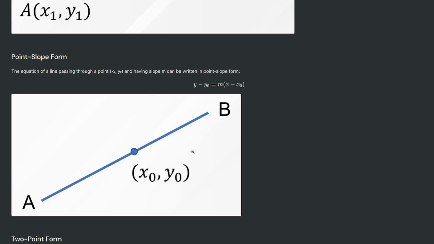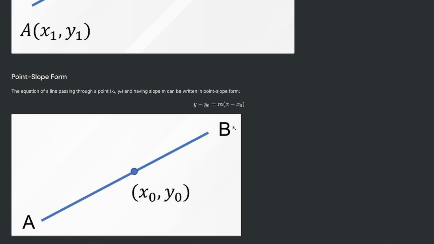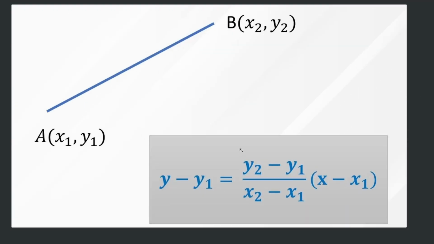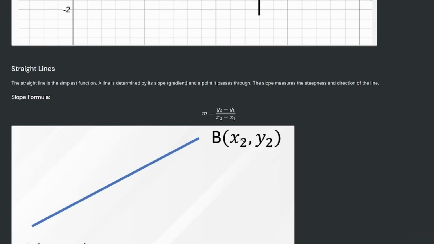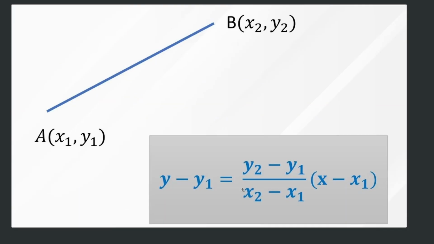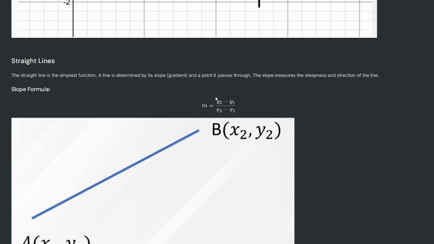And if we are given 2 points but there is no slope, then we can use this formula, y minus y1 equals y2 minus y1 divided by x2 minus x1. Basically we are replacing the value of m. This is the same formula, but we are just replacing the value of m with this expression.